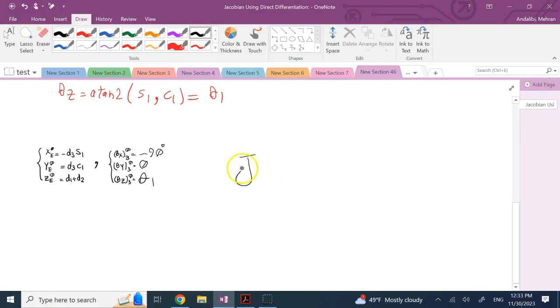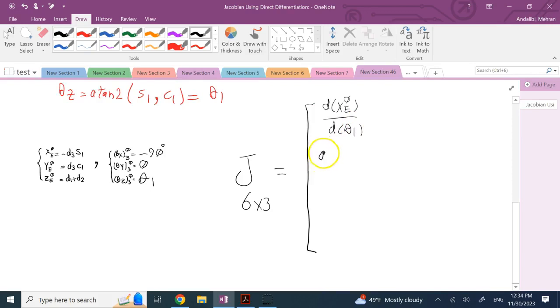So what is the Jacobian here? The Jacobian is going to be a 6 by 3. In the first column, for all of these 6 degrees of freedom, you take the derivative of them with respect to the first joint angle, which is theta 1. So your top element becomes the derivative of x of the end effector in base with respect to theta 1.